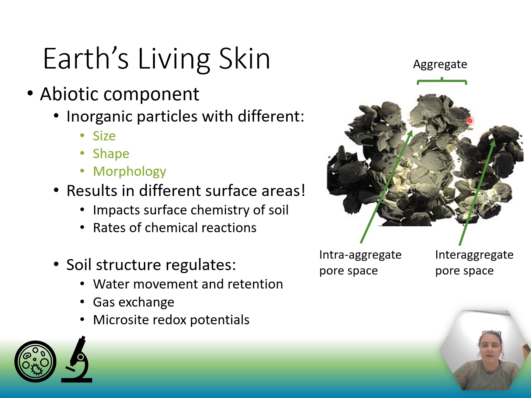So if they're between aggregates, they are intra-aggregate pore spaces. If they're within the aggregate itself, they're inter-aggregate pore spaces. The reason that we care about that is that water and gases are going to move through soil, and those spaces in between things are going to matter to us quite a bit. So that's the overview of what's going on abiotically.